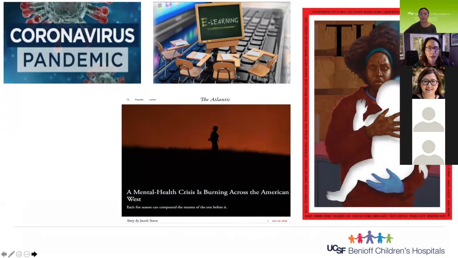Right now we are having significant challenges, and we don't yet know the full impact of all of these different stressors that are very visible and prominent in 2020 alone. We have not only the coronavirus pandemic and ensuing quarantine and relative increase in social isolation, but also now distance learning.